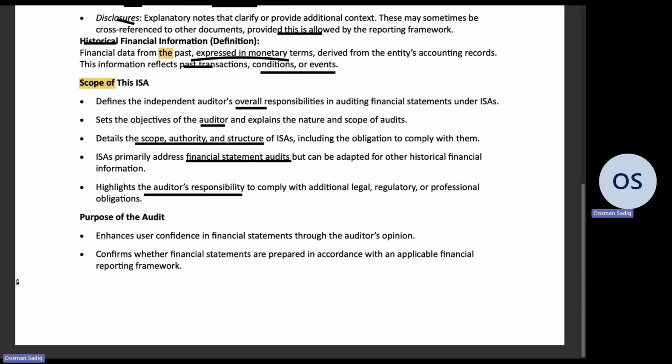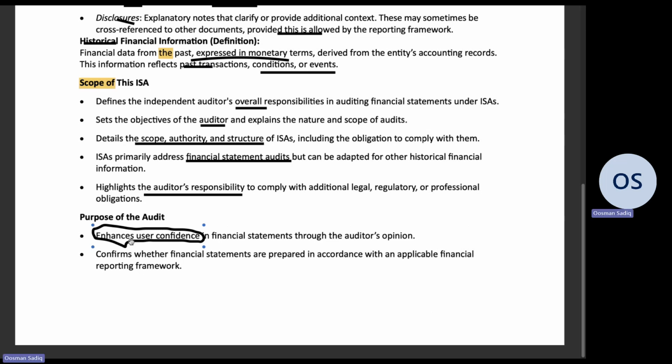Purpose of the audit. Now, why would you go through all of this to audit a financial statement? This is the most important thing. See, I am doing a business in silo. Now, I ask someone to put money in my business.